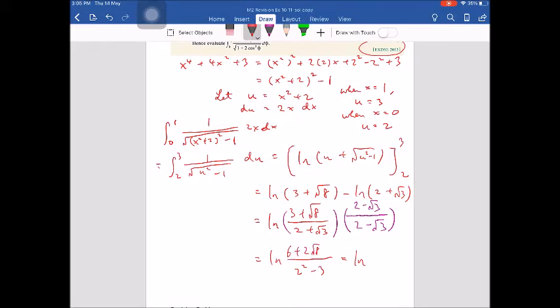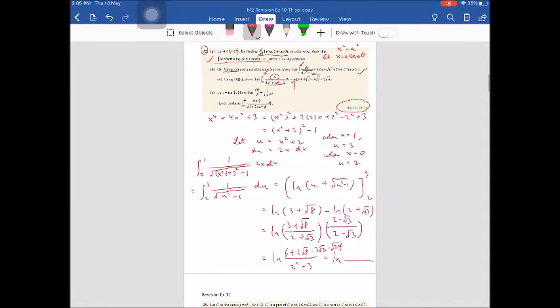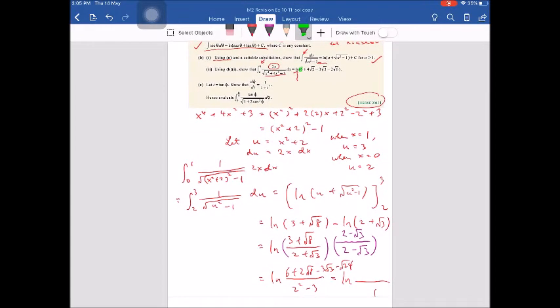So here is 6 minus 3 root 3 plus 2 root 8 minus root 24. Root 8 is 2 root 2, so 2 root 8 is 4 root 2. Minus 3 root 3, and this is minus 2 root 6, which is root 24. Okay, done. Proved.